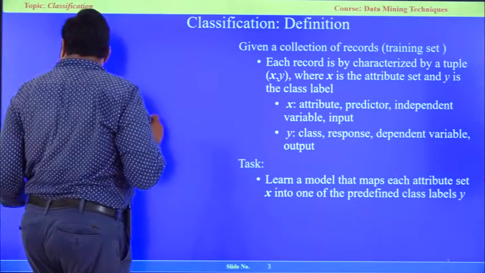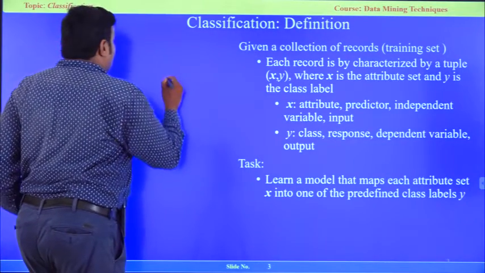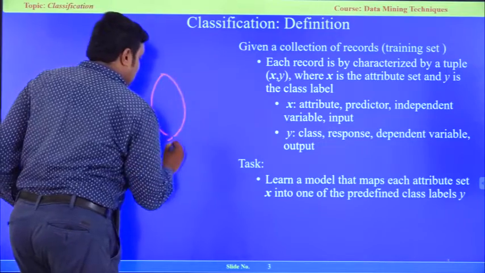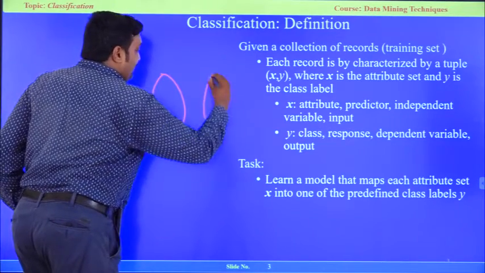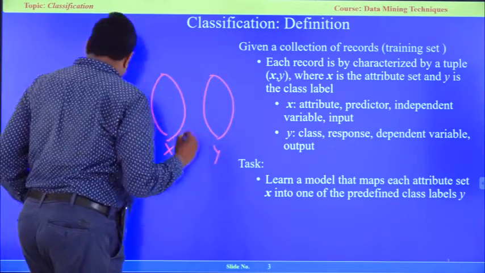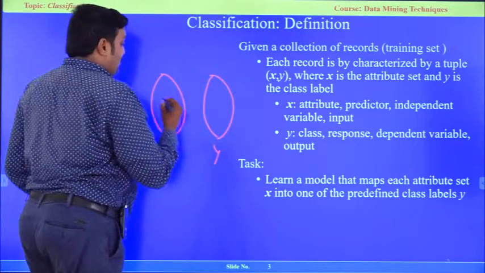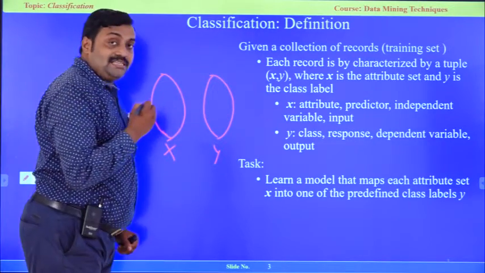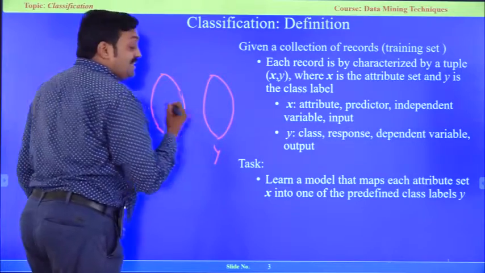So we have two sets from the record, the x attribute set and the y set.